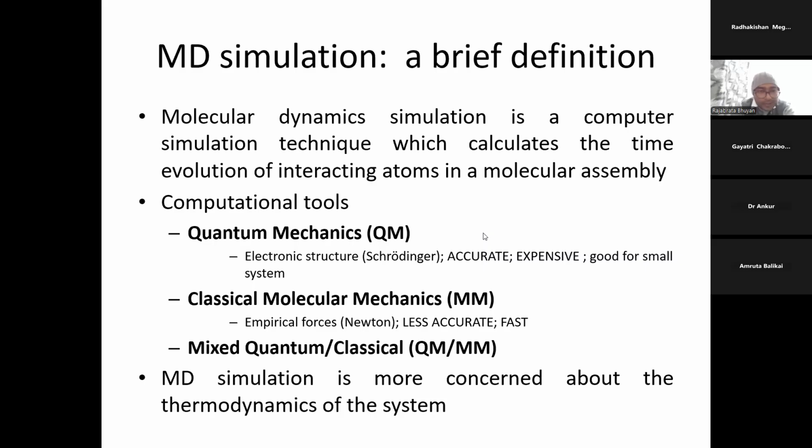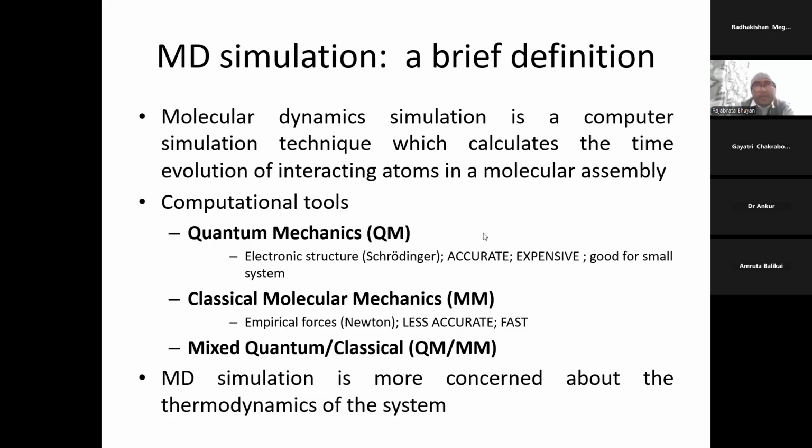So there are different methods to study the dynamics of any biomolecule. One is the quantum mechanical study, second is classical molecular mechanics, and third is mixed quantum classical mechanics. Basically in quantum mechanics, we represent the atoms of any macromolecule using the wave functions presented by Schrodinger.